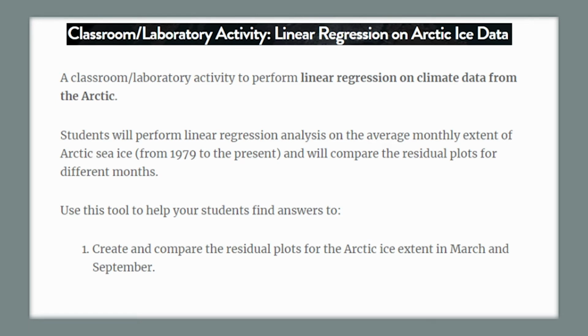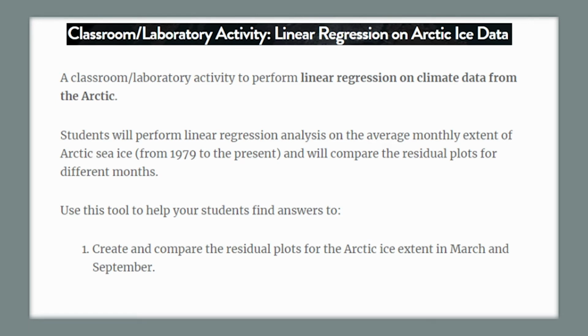Another classroom or lab activity is titled Linear Regression, but this time on Arctic sea ice data. In this lab activity, your students can perform linear regression analysis on average monthly extent of Arctic sea ice from the late 1970s to the present.